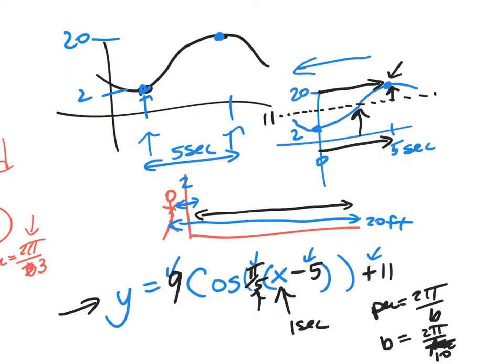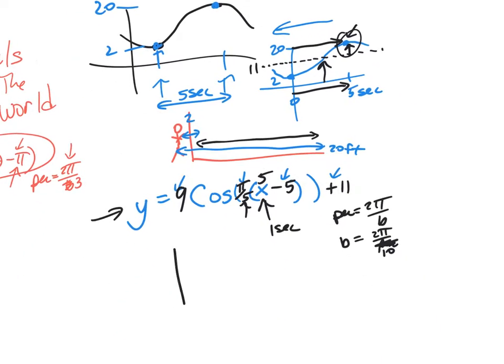At time 5 seconds, I already know where he's going to be. At time 5 seconds, think about that, I know he's going to be 20 feet away from me. So if I put in the 5 right here, 5 minus 5 is 0, and then I end up finding cosine of 0. Flashback to circle trig. Where's cosine of 0 degrees? That's 0 degrees, over here.